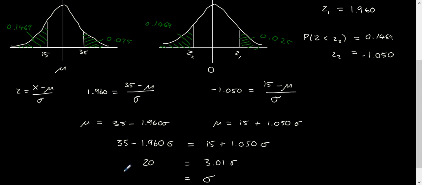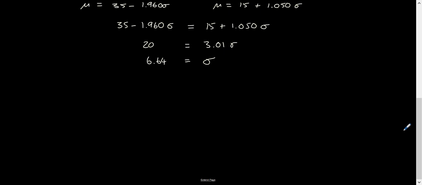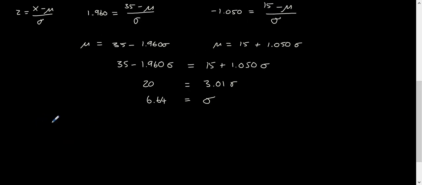which is 6.64, 2 decimal places. And when we know that sigma is 6.64, we can substitute this back in. So we'll sub it back into this first equation. 1.960 equals 35 minus mu divided by 6.64.